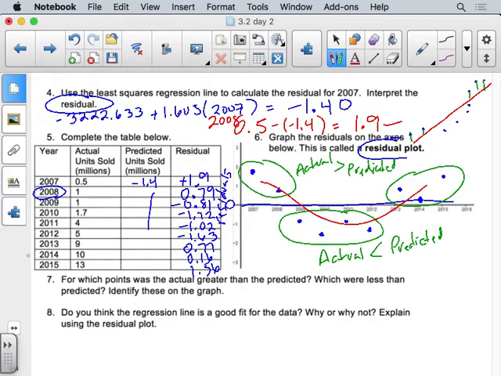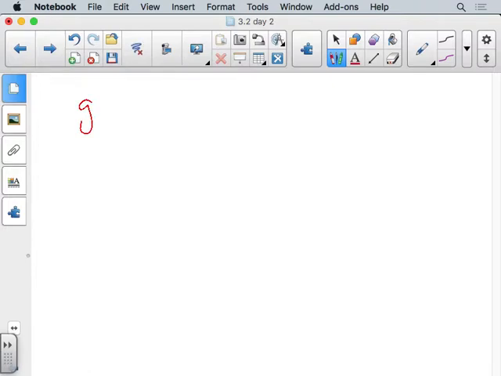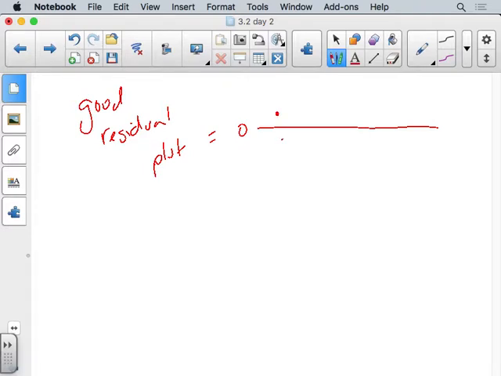A good residual plot would look like this, where I have a 0 residual, and I have some that miss high and some that miss low, and it's all throughout. It misses high and low consistently.